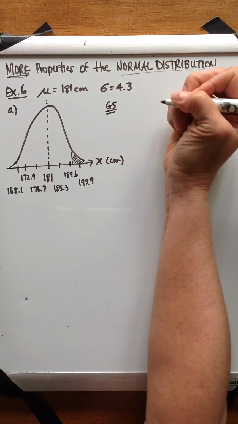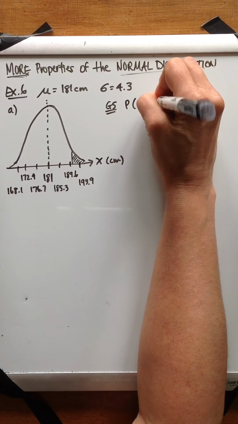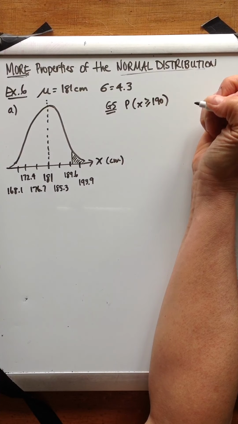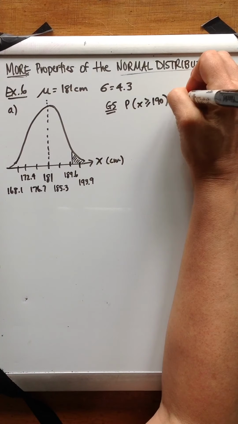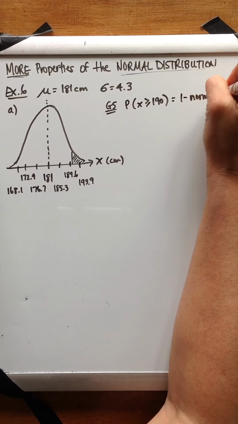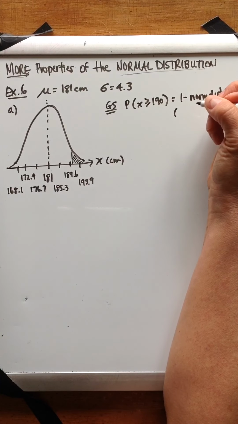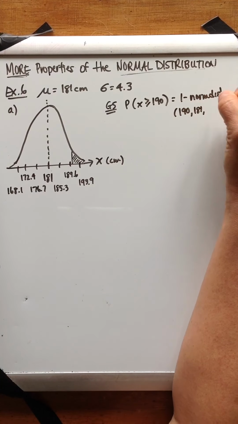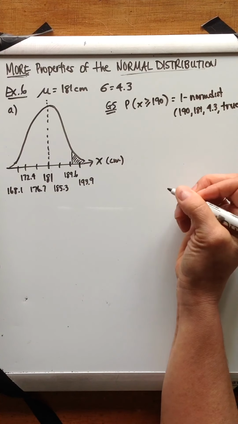So in Google Sheets, my probability for a Canadian male being equal to or taller than 190 would be the entire curve minus the white section. So 1 minus, and I would punch in NORM.DIST. So we have 190 as our x value, we have 181 as the mean, 4.3 as the standard deviation, and then we have to add that word TRUE in there in the programming.